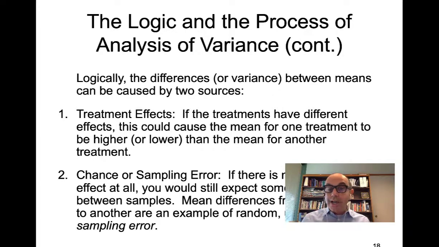The logic behind that is that the difference between the means can be caused by the source, the treatment effect that can be accounted for, and by chance or sample error.